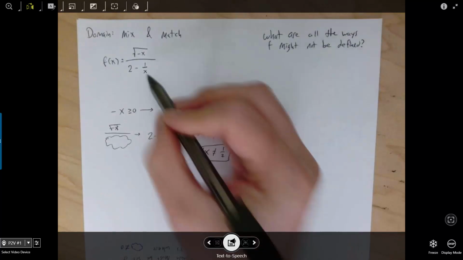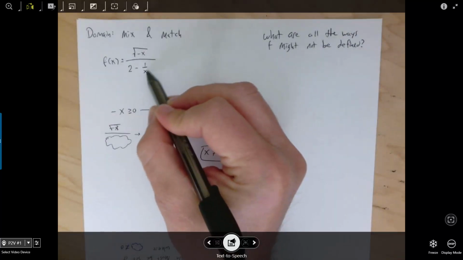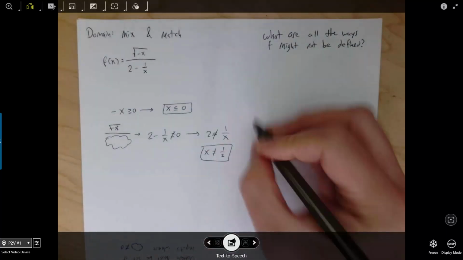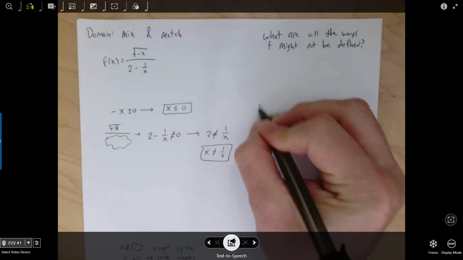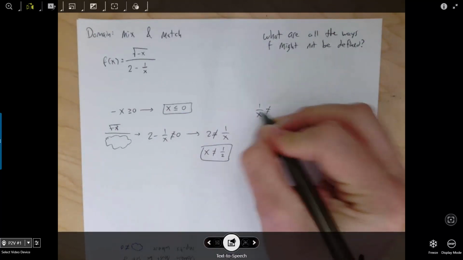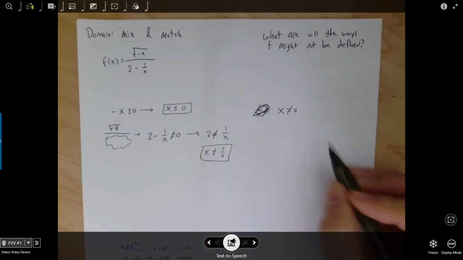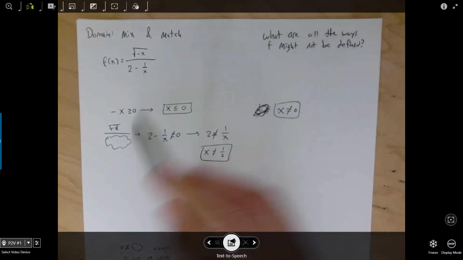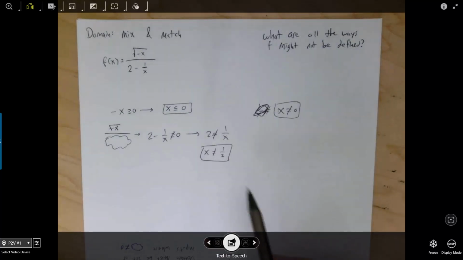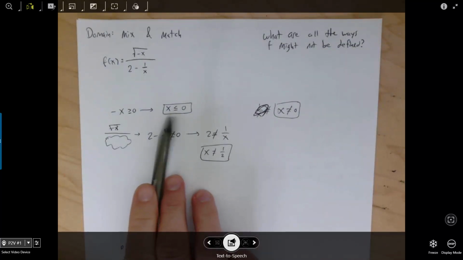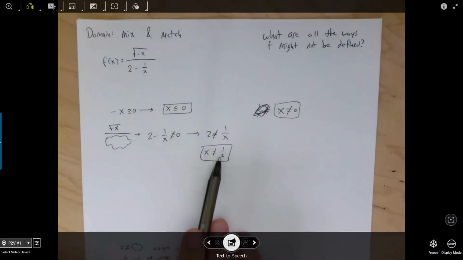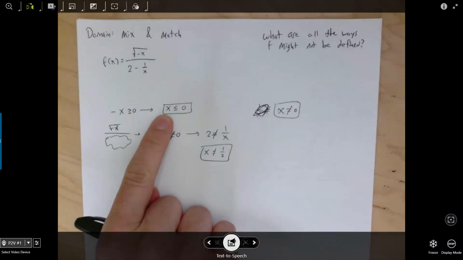So last condition is I know x can't equal 0 because it's the denominator on 1 over x. So what do you get when you put all these things together? Well, I already know that x has to be 0 or negative, so I don't need to write this because this one is already implied by that one.